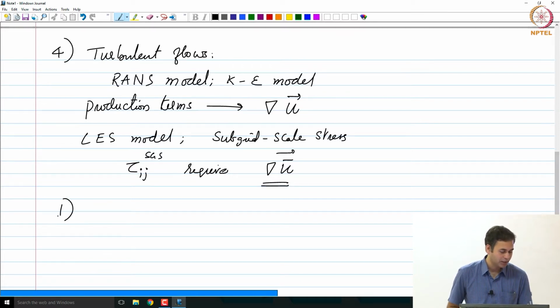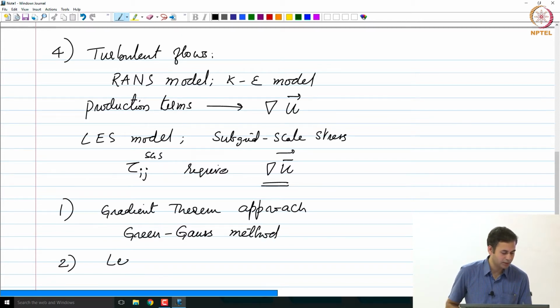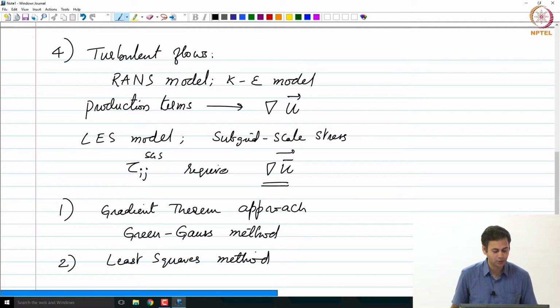The first one is the gradient theorem approach, also known as the Green-Gauss method, and the other one is known as the least squares method or the least squares approach.